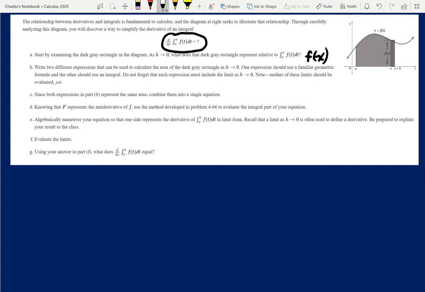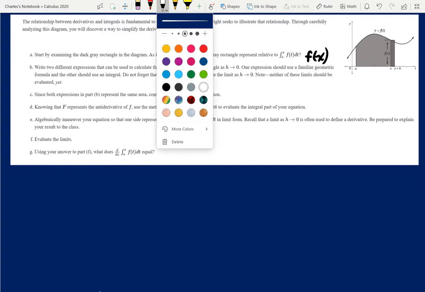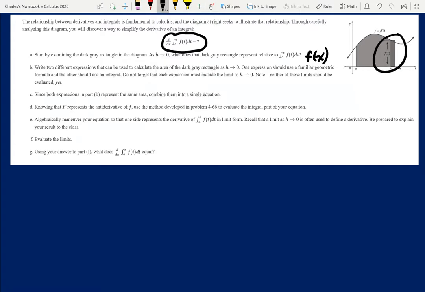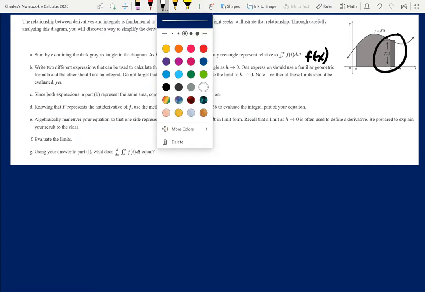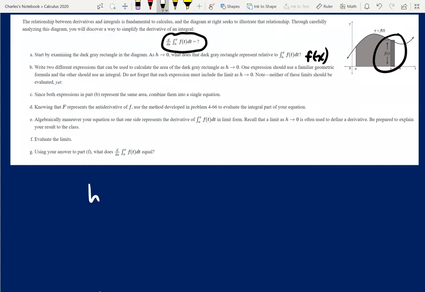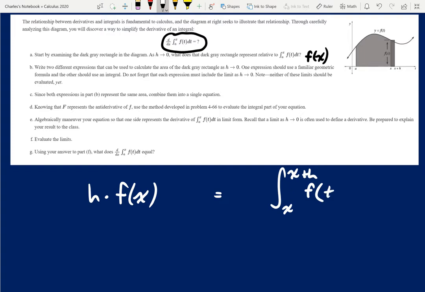Okay, so just looking at that picture right there, geometrically, what does that equal? That equals h times f of x. And another way to describe it using an integral would be the integral from x to x plus h of f of t dt.